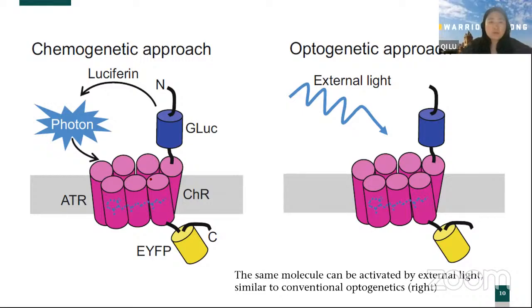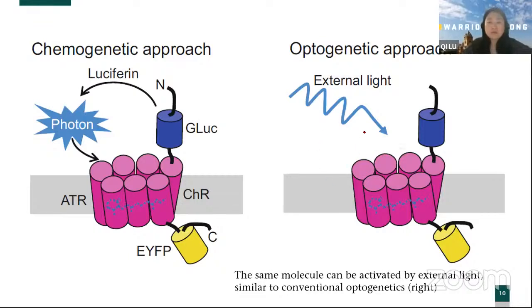So for these bioluminescent molecules, there are two ways to activate the channels. One way is the chemogenetics approach, where the enzyme reacts with the luciferin and emits a photon that can activate the channelrhodopsin.